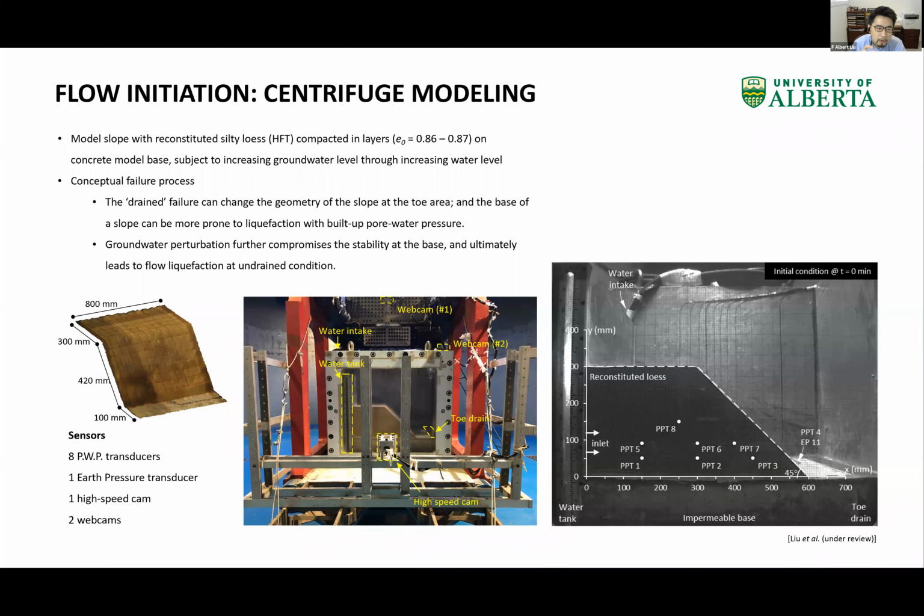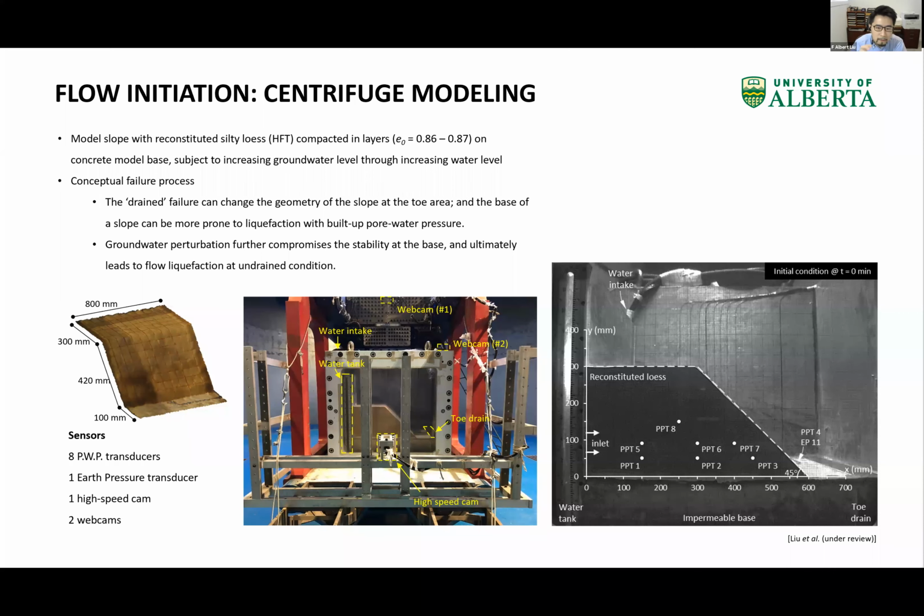First, what we find in the field is that there's a change in the slope geometry from the previous first drained failure. When you change the slope geometry, especially along the toe area, it causes the development of pore pressure to change, and that will likely give you a base of the slope that is more prone to liquefaction with the continued increase of pore water pressure.